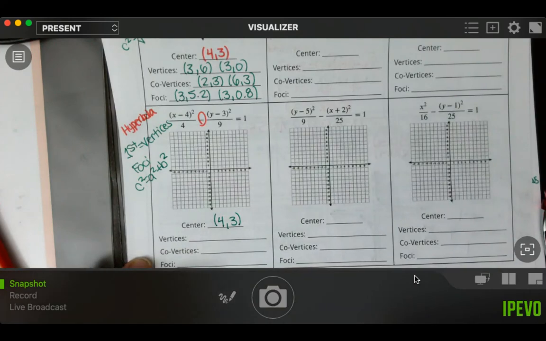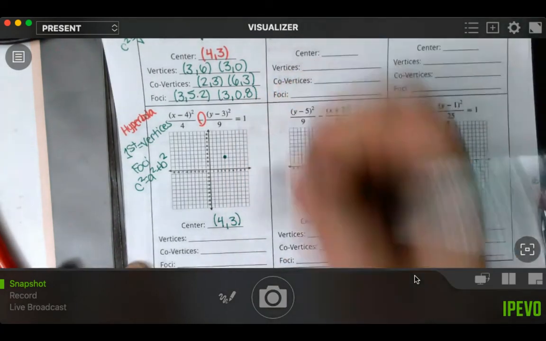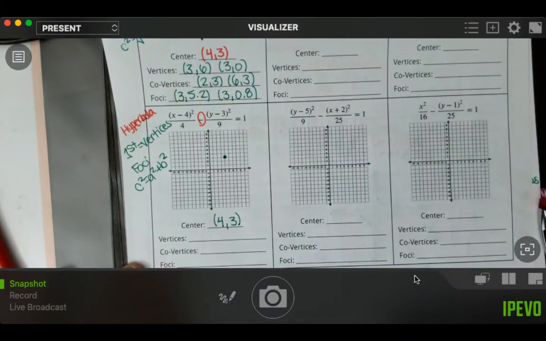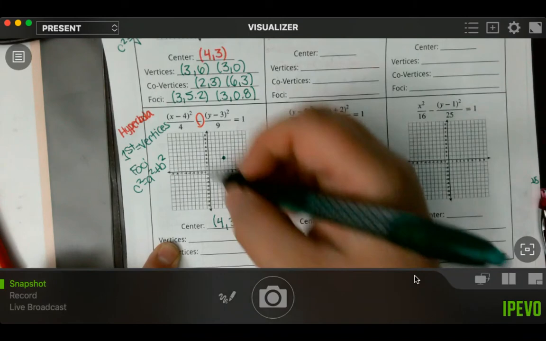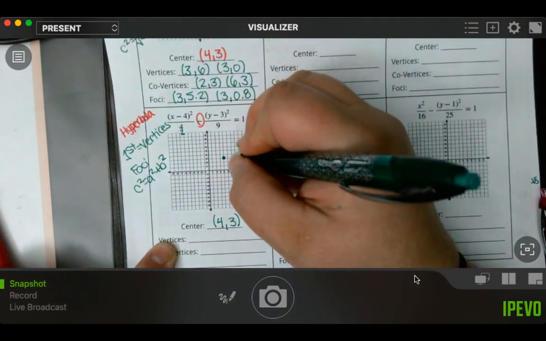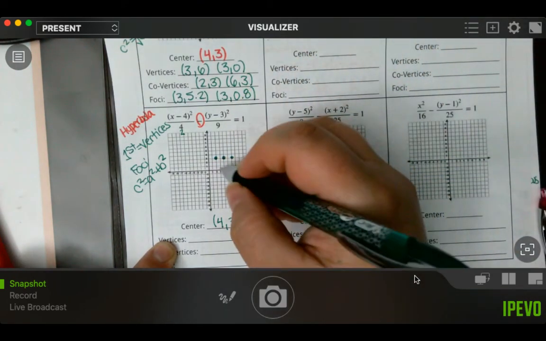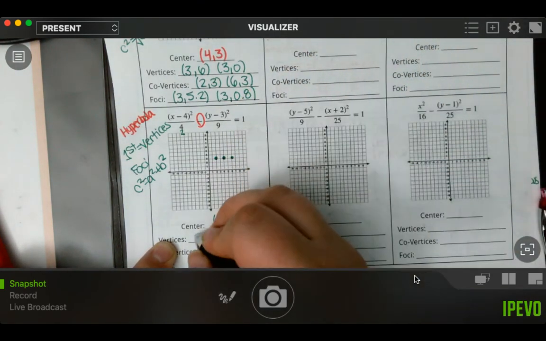I kind of made these two similar on purpose. There we go. Then my vertices are the first one. So my x's are going to go over by 2, just like they did on the last one, because it's the same kind of equation. So that's 2, 3, and 6, 3.